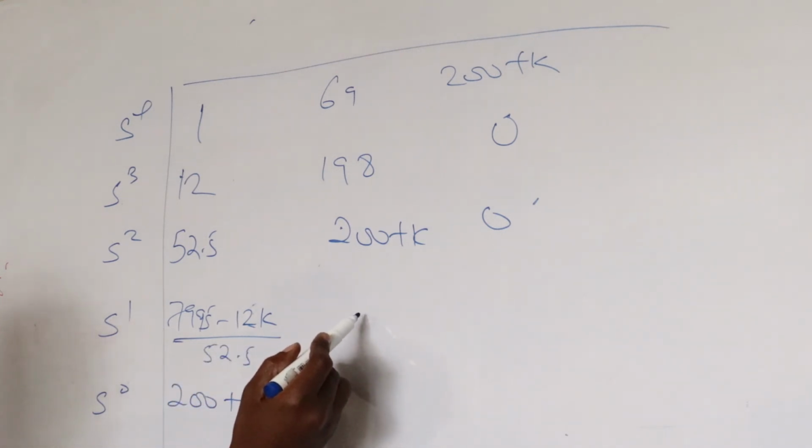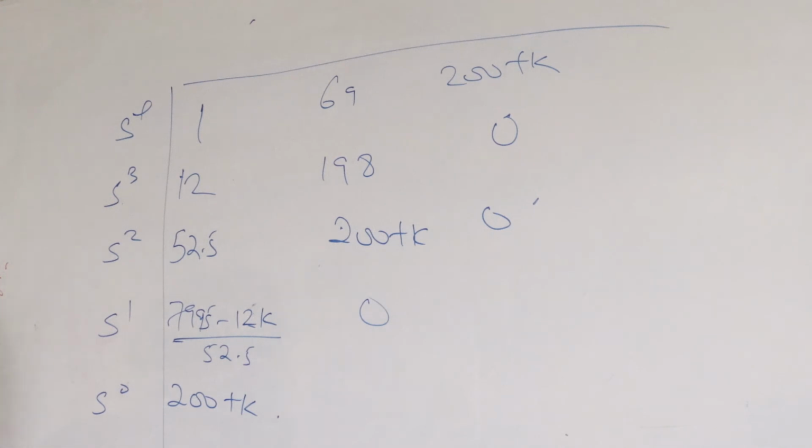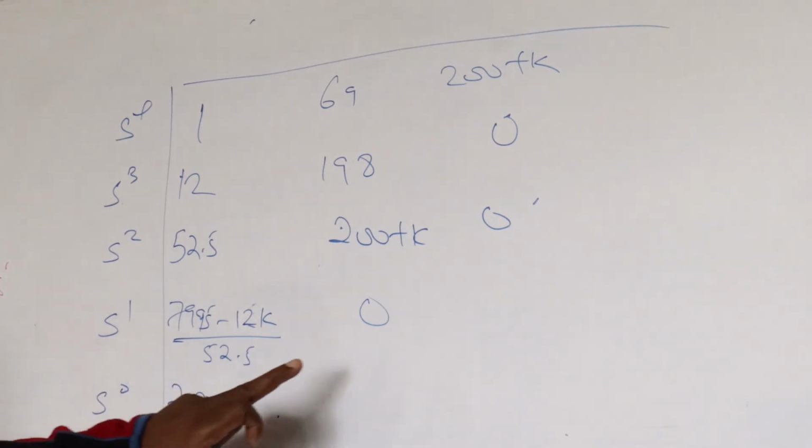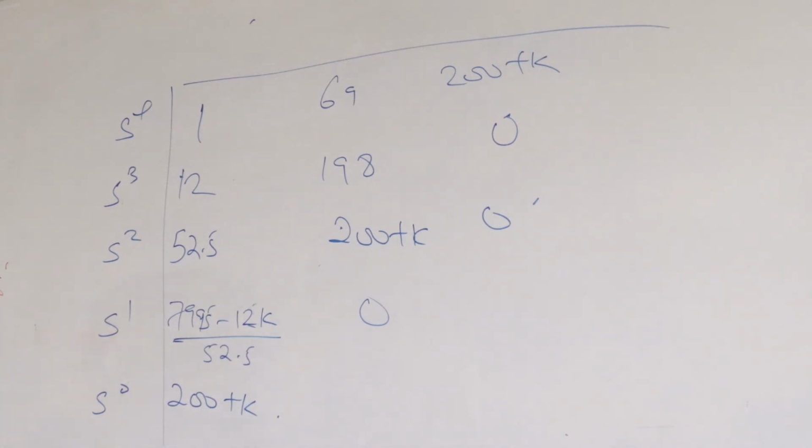Then here, that is 0. That cannot be 200 plus K. This one you don't need to calculate. You just bring it directly. You don't need to stress yourself by calculating that.